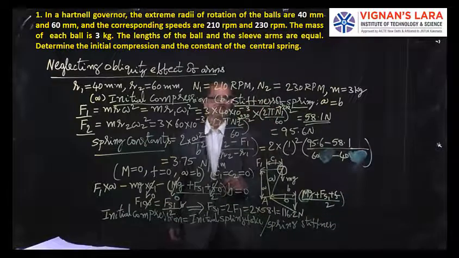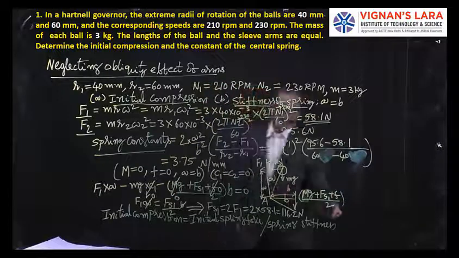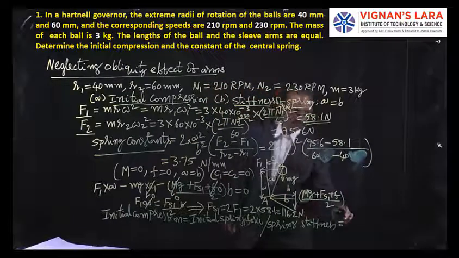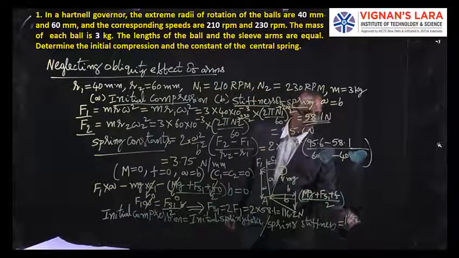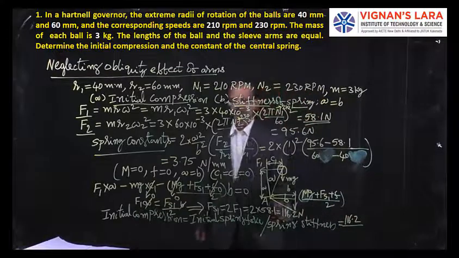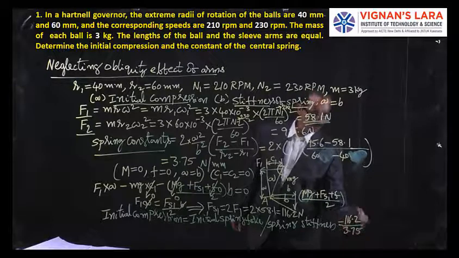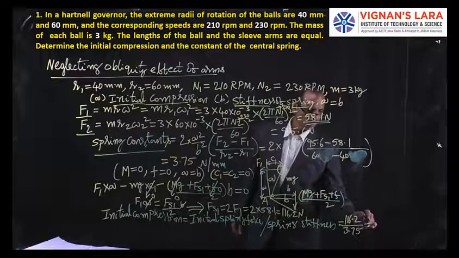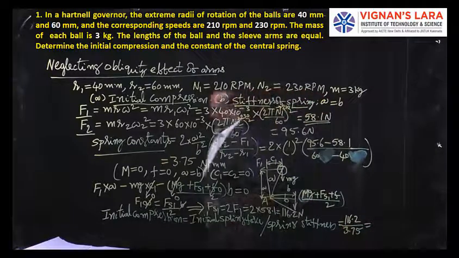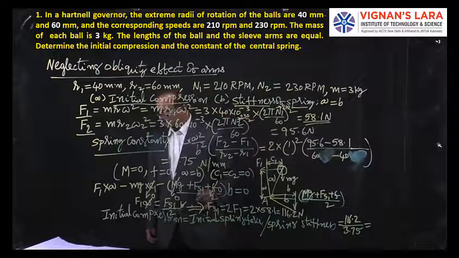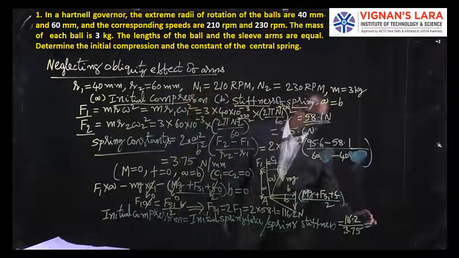So we have initial spring force 116.2 and spring stiffness is 3.75 Newton per mm. Then we get the initial compression in mm, which gives around 31 mm.